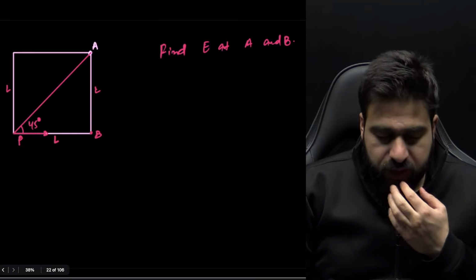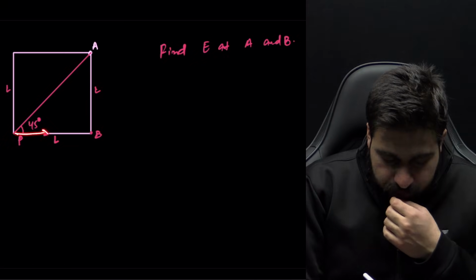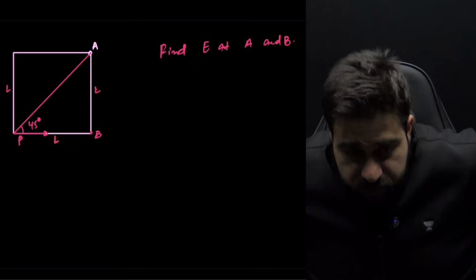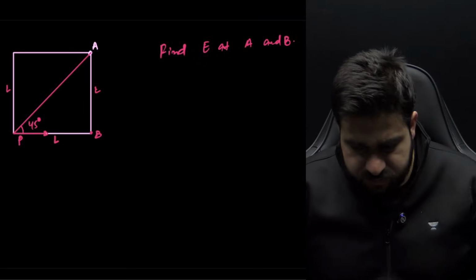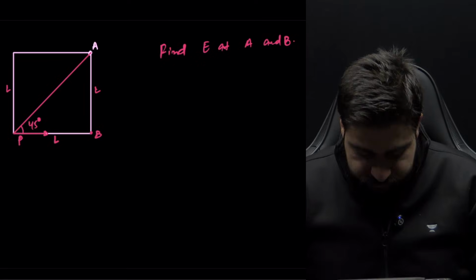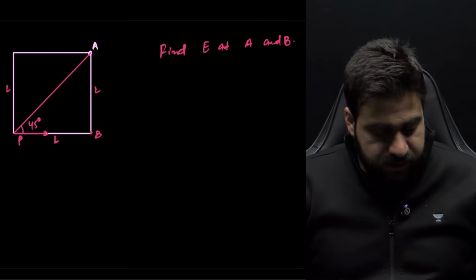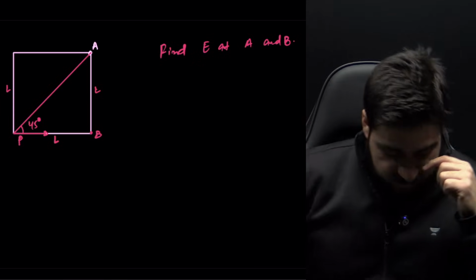Let's take a look at this question. You have basically a dipole, which is given over here. I want you to understand this very carefully. This is the dipole which is given over here.